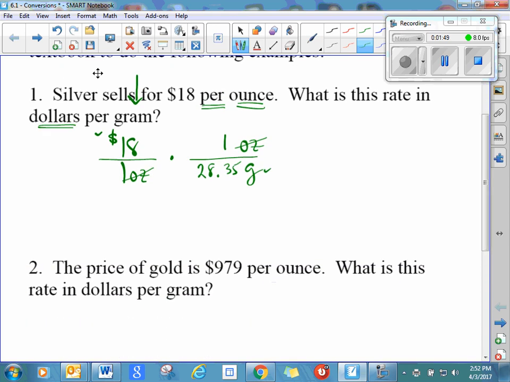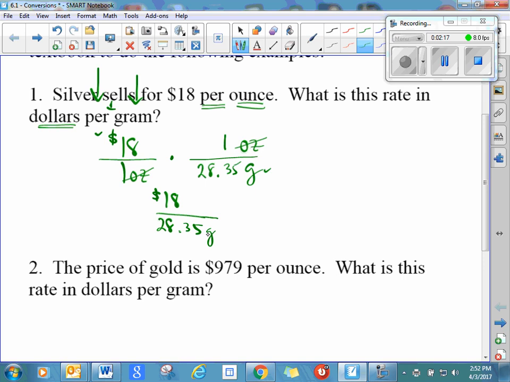And it's asking us for a unit rate, because it's saying dollars per 1 gram. So if we multiply straight across, we have 18 times 1, and the unit is dollars, and in the denominator we have 1 times 28.35, and it's grams. And that would be fine, except they don't want us to have 28.35 grams.